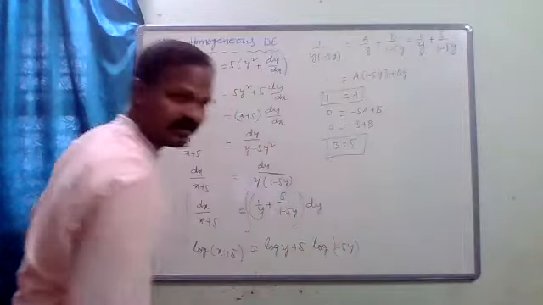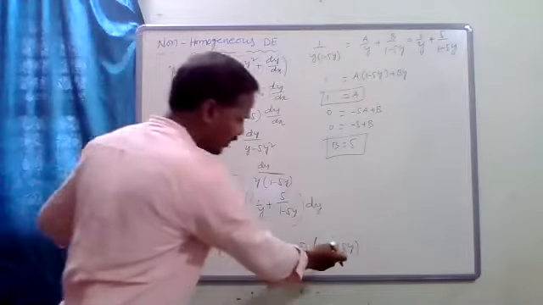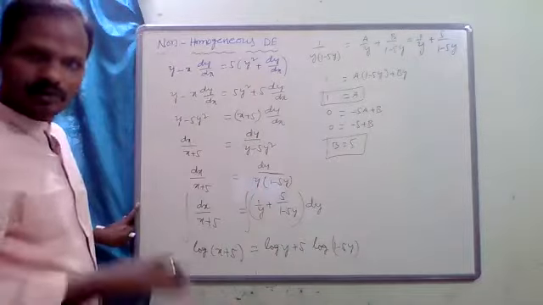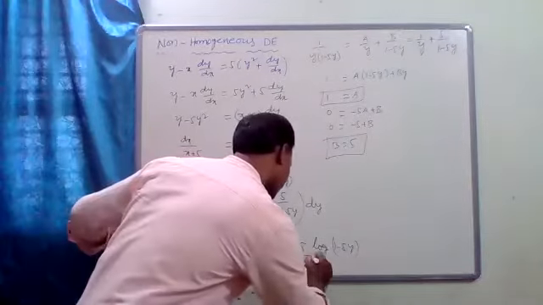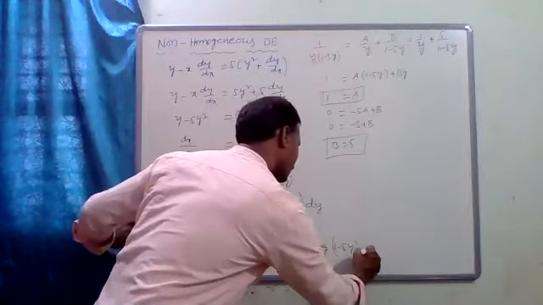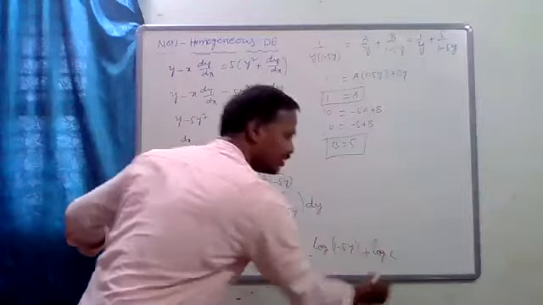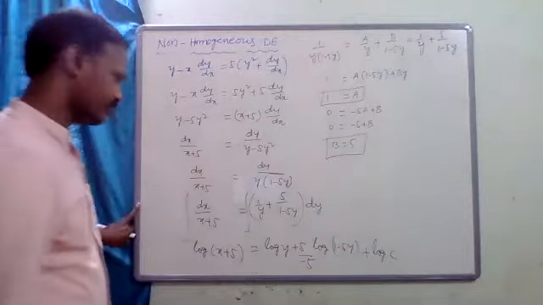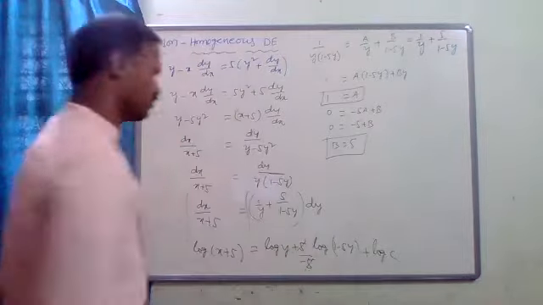But here minus 5y is there, so you have to divide by minus 5, which cancels. Plus log c, because all terms are in log.